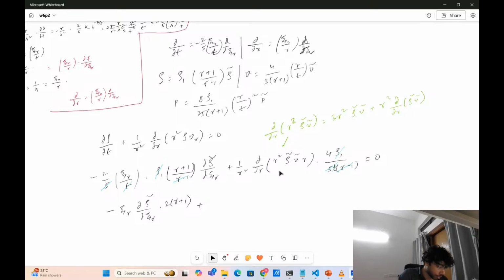And if I do that, the r square of this term will get cancelled with the r square here. So this will be 3 rho tilde v tilde plus, the second term contains r cube by r square, so that will be r times del r of rho tilde v tilde, right?